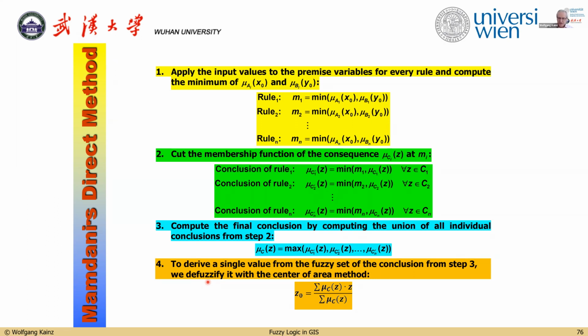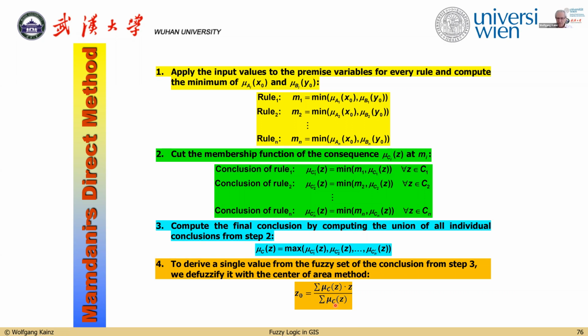And the defuzzification can be done in different ways. We use here the so-called center of area method by computing the final value as the sum of all our membership values in the conclusion multiplied by the value, divided by the sum of the membership values.